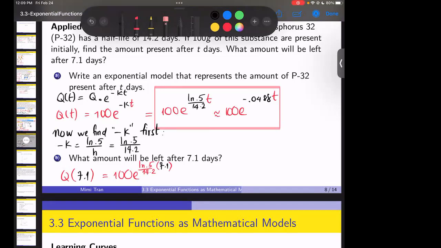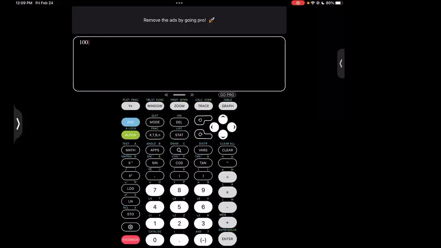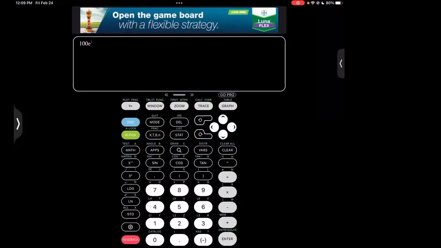I'm going to show you how I do it so you see it clearly. So 100, second ln, plus e to some power. In this case, the power is a fraction, so alpha frac.